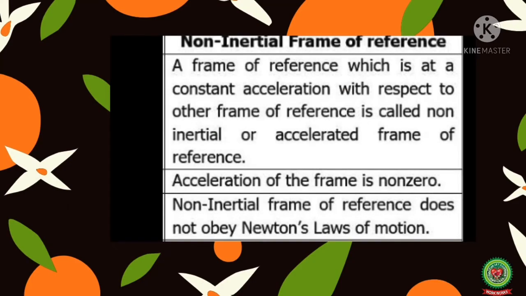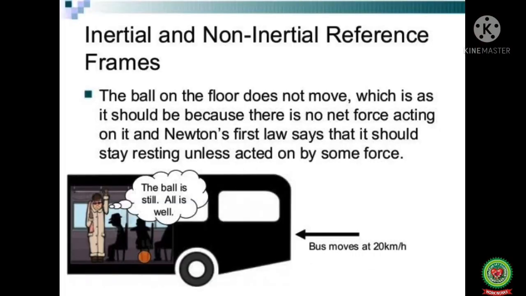The frame of reference in which Newton's laws do not hold good is called non-inertial frame of reference. All the accelerated and rotating frames are under non-inertial frame of reference.